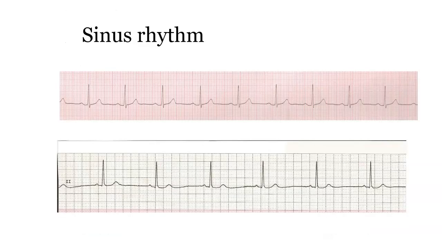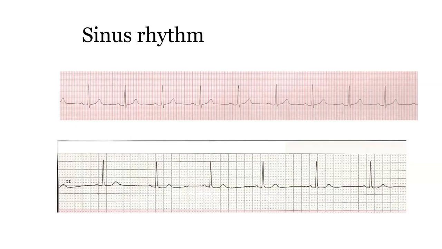Here are 2 other sinus rhythms. Again, they look a little bit different, but if we walk through our 5 steps, we'll be able to determine that these are also sinus rhythms. Our R to R measurements are going to be equal, so that's going to be a regular heartbeat. If we count the number of R waves in the top strip, we have 1, 2, 3, 4, 5, 6, 7, 8, 9, a heart rate of 90, which is within our parameter of 60 to 100.